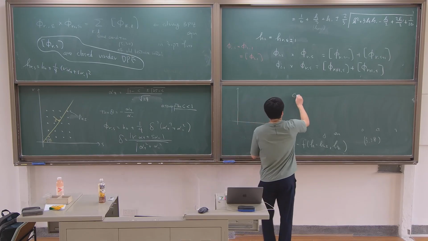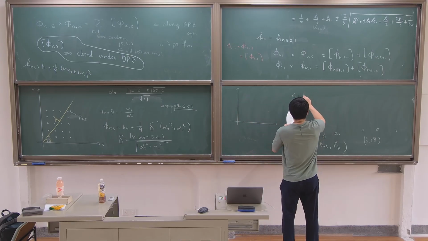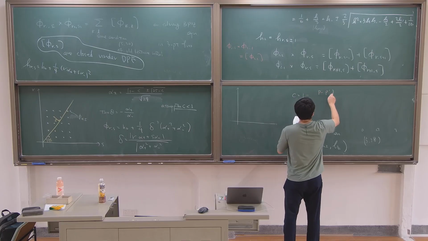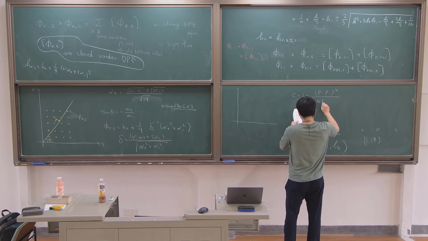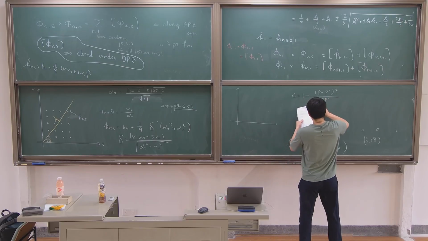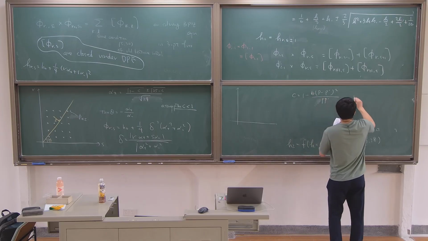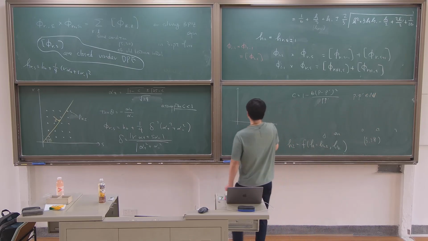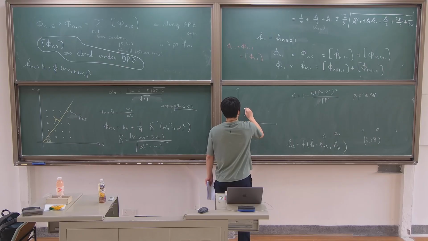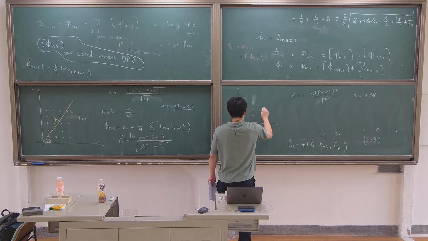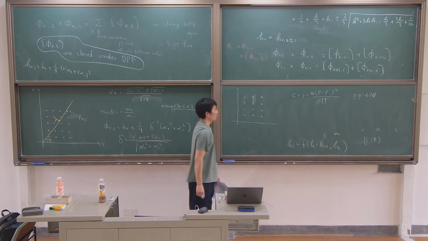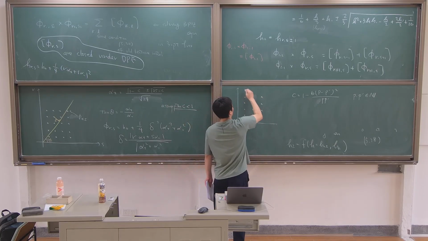So when C is equal to 1 minus 6 (P minus P prime) squared over PP prime, where P and P prime are natural numbers, then we get particular values.